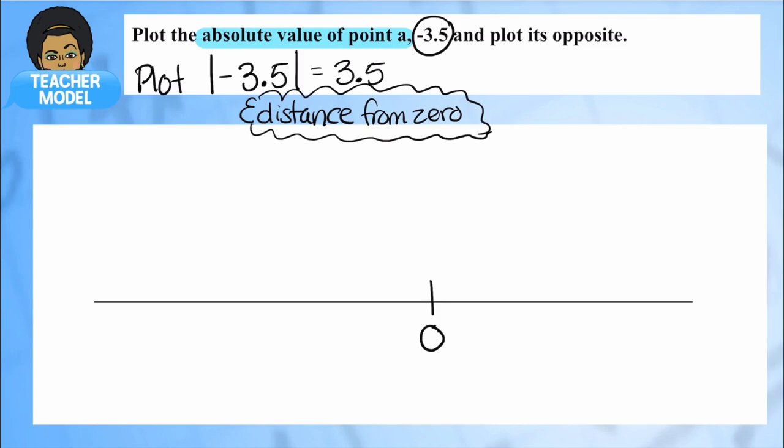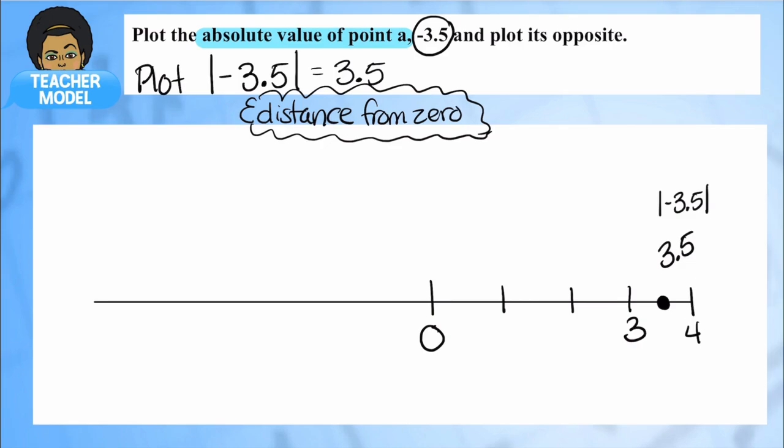And we know 3.5 is between what two numbers? It's greater than 3 and less than 4. So here's 3.5. Now let's say it correctly, 3 and 5/10. I could also call this the absolute value of negative 3 and 5/10. Both the same.